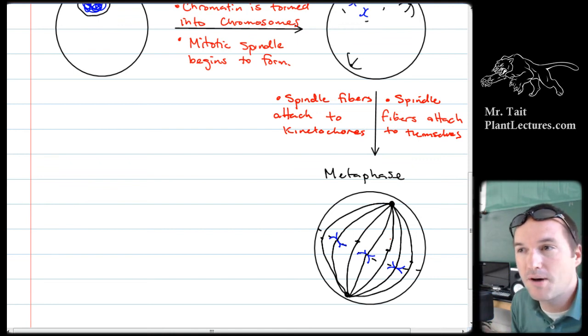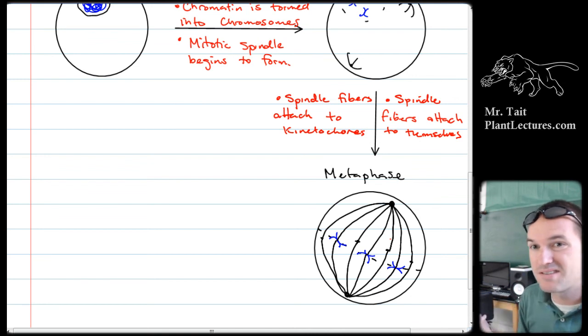You don't hear very much about muscle cells being affected by chemotherapy, and that's because muscle cells are not often dividing, right? And therefore, they're unlikely to be affected by this paralyzing of the metaphase plate.